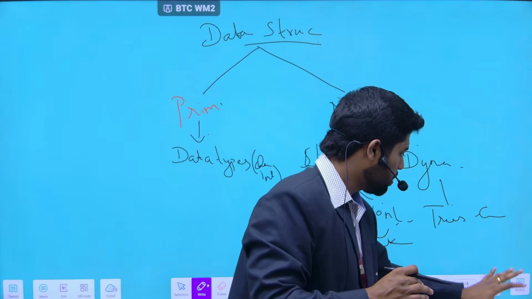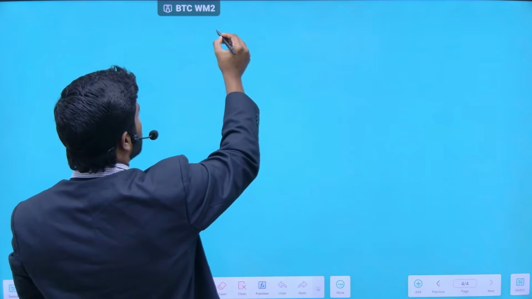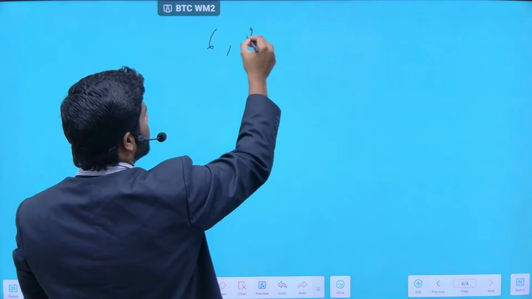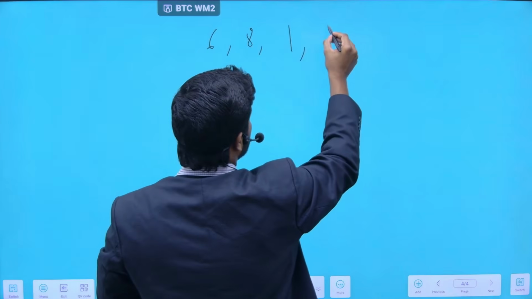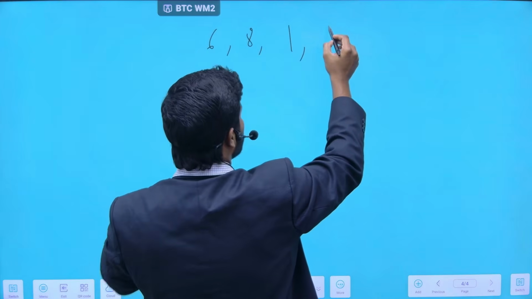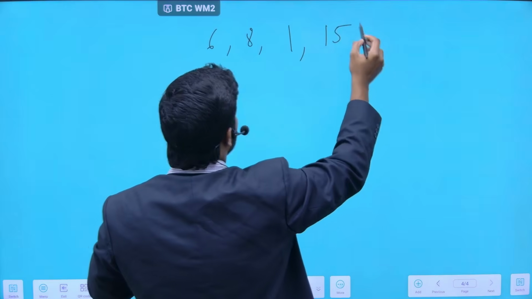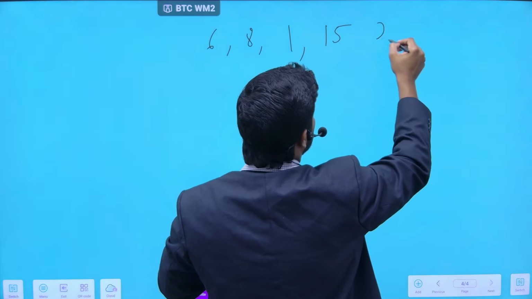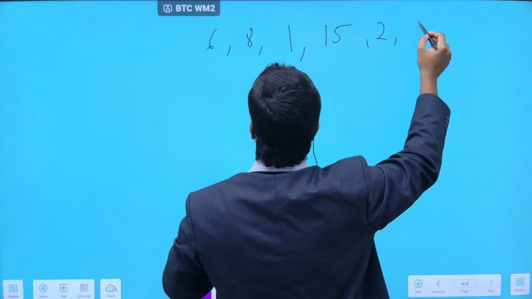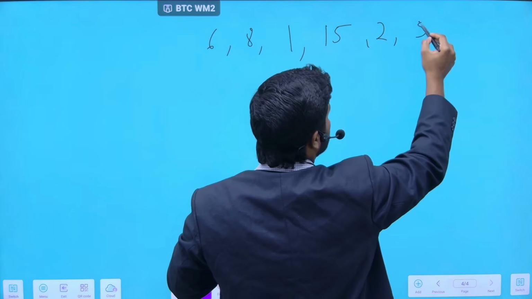Now, among this, how data is organized and structured. Let us take some data as an example: 6, 8, 1, 15, 2, 5.